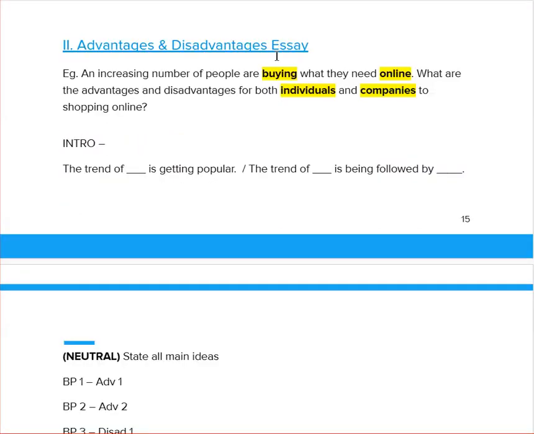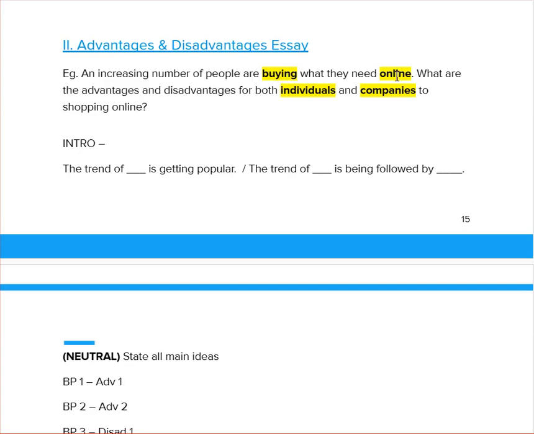Second type, advantages and disadvantages essay. Increasing number of people are buying what they need online.